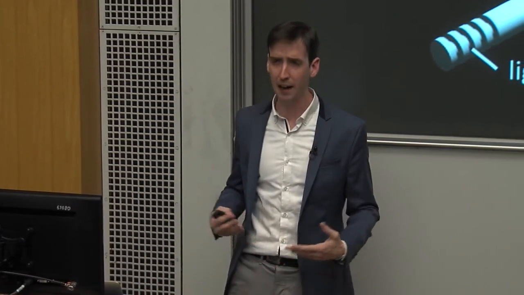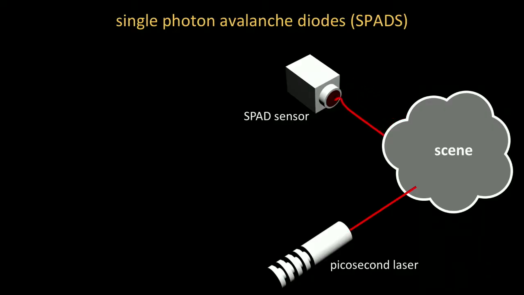Now, in order to do this, we started working with SPAD sensors. These stand for single photon avalanche diodes. These are time-of-flight sensors, and they're very sensitive. The way they work is that you start with a laser that sends out packets of light into an environment, and you measure the time it takes for light to travel through the environment and hit the sensor.